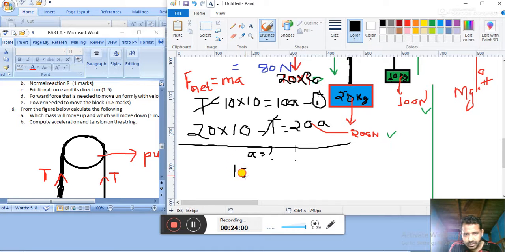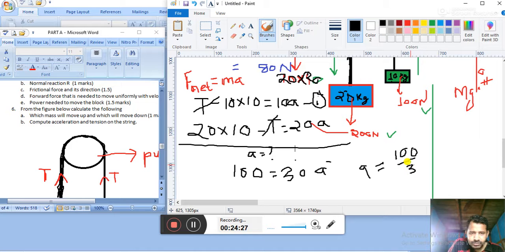On the other side, you add 10a and 20a, and it will be 30a. So a is 100 by 30. Put the value of a in either equation 1 or equation 2, and you can solve it.